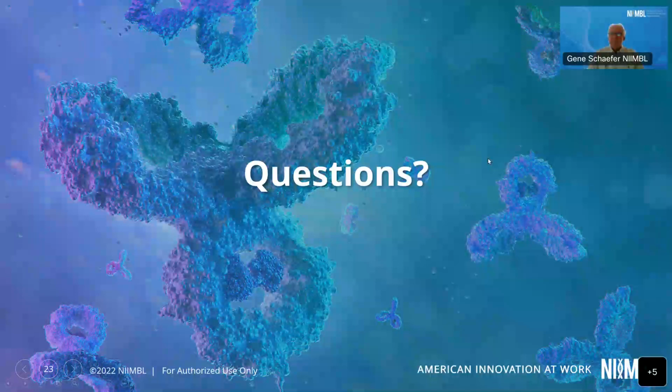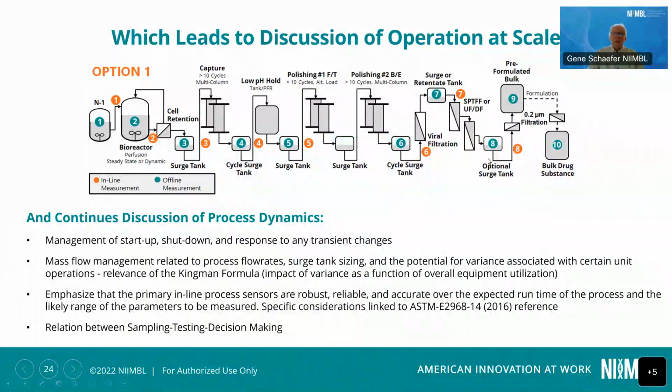Okay. Thank you, Jim. So again, relevant to some of the questions, we did have a short discussion in that case study on operation at scale, including the potential for both offline measurements and inline measurements, and more discussion of process dynamics, the need to manage startup, shutdown, and response to any transient changes.